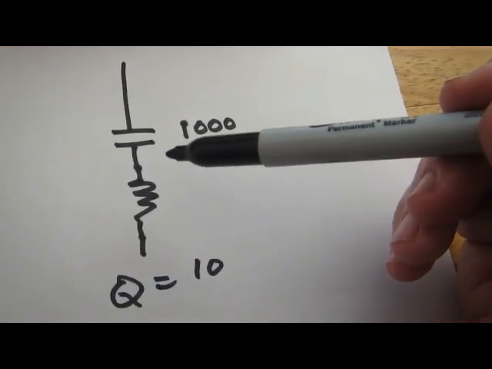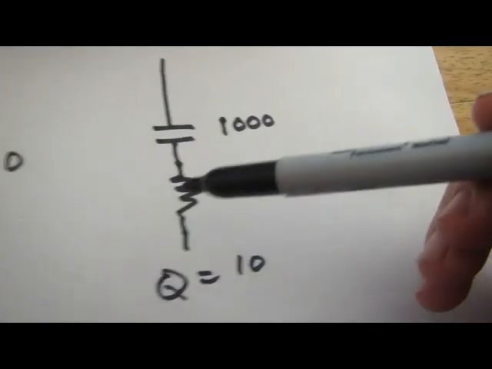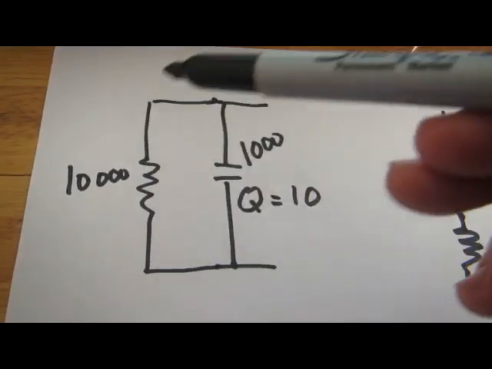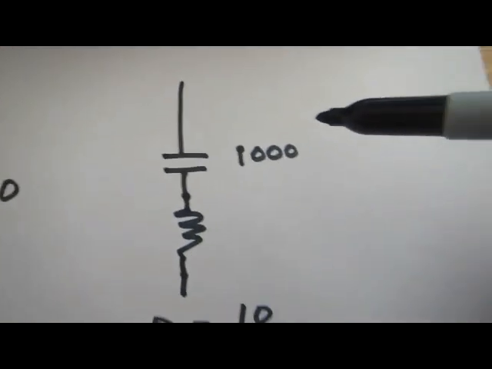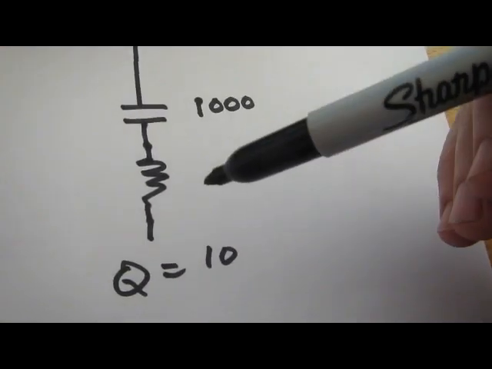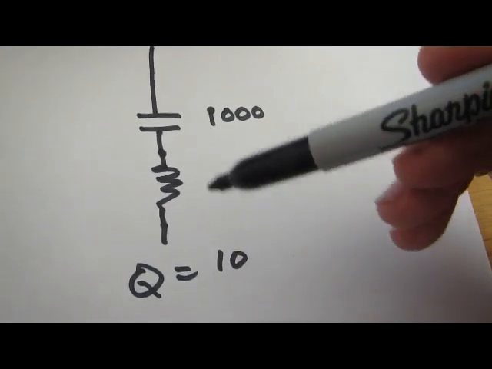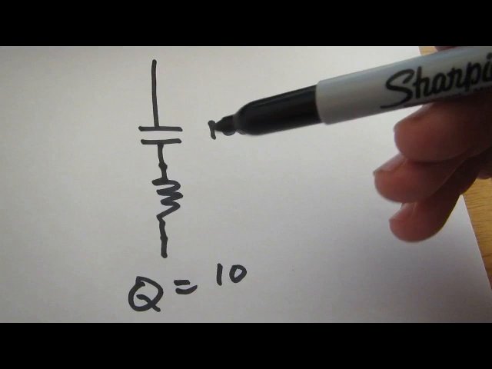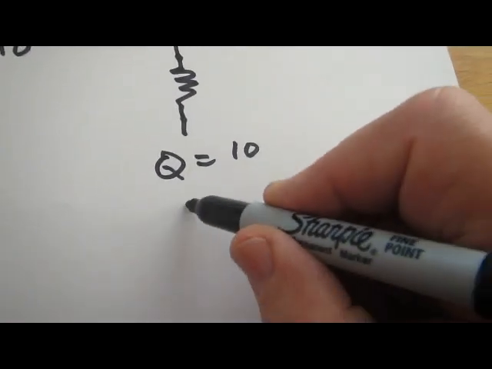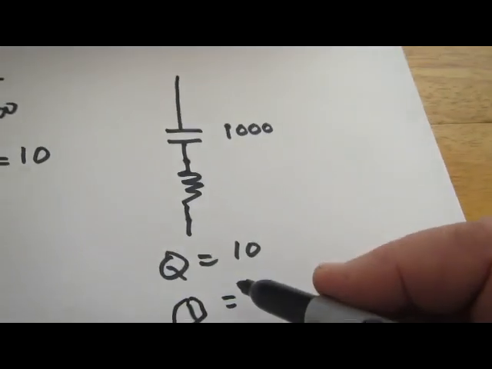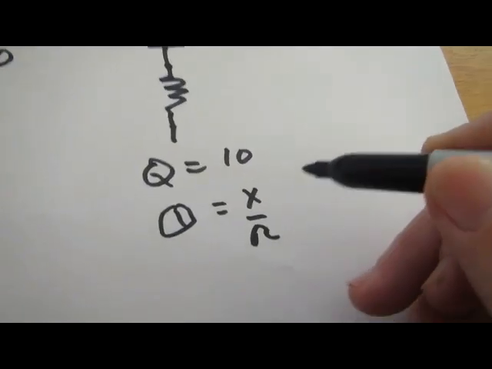So here's our capacitor, 1,000 ohms. If this is all in a black box, we can look at it either as series or parallel, whichever we wish. We're going to look at it as series in this case. So if I look at this in the box and think, what series resistance must this have? It's got a Q of 10. In this case, Q is the reactance over resistance.